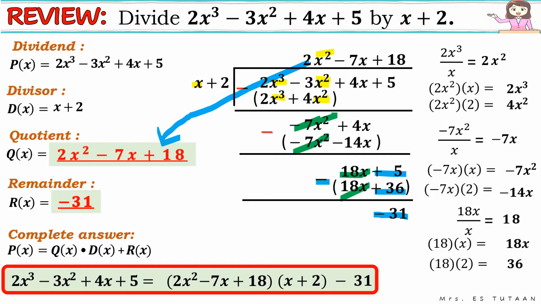So, kung ano yung sign ng remainder natin, yun din dapat ang sign niyan. Kung sabihin ko, ito ay positive, positive din yun. Okay? So, that's how you divide polynomials by a binomial.